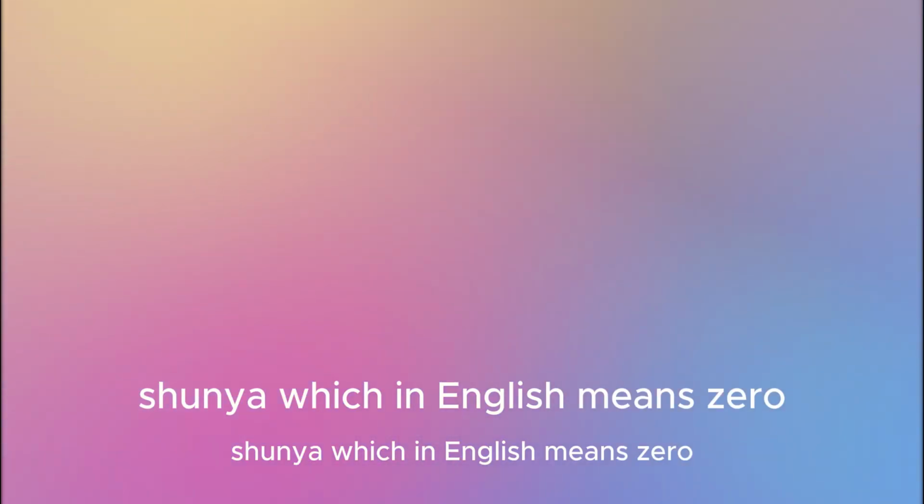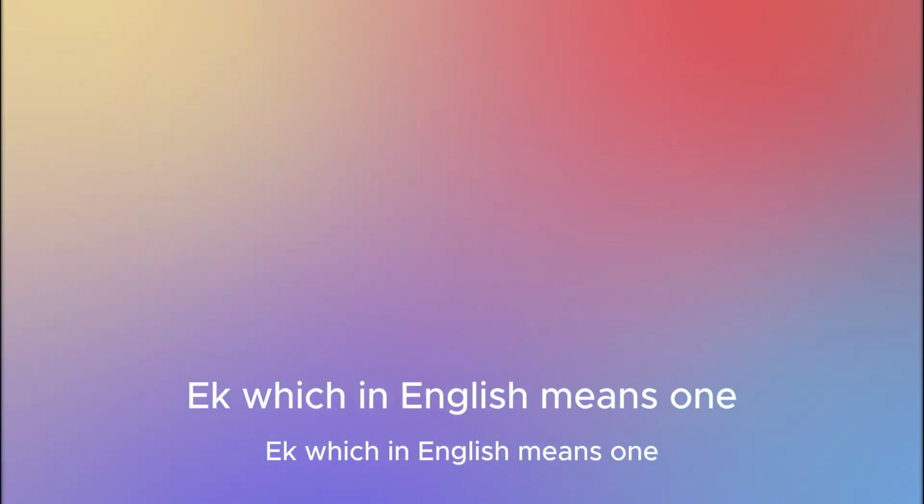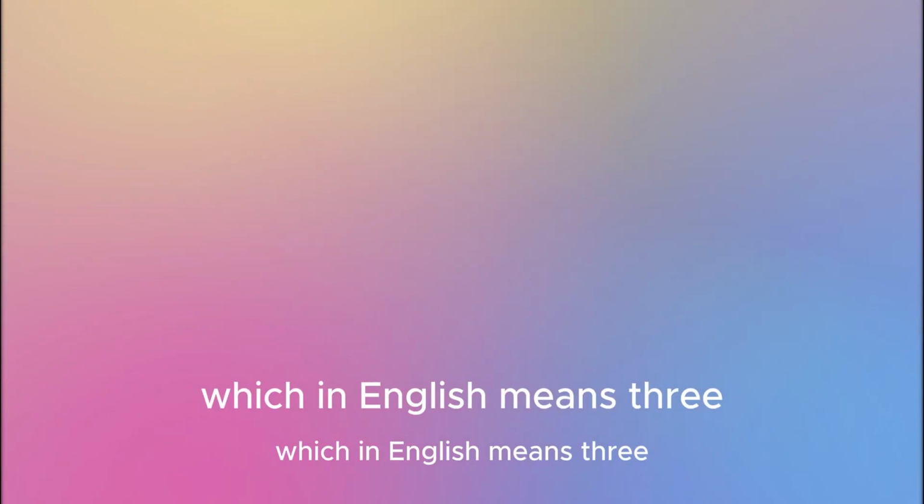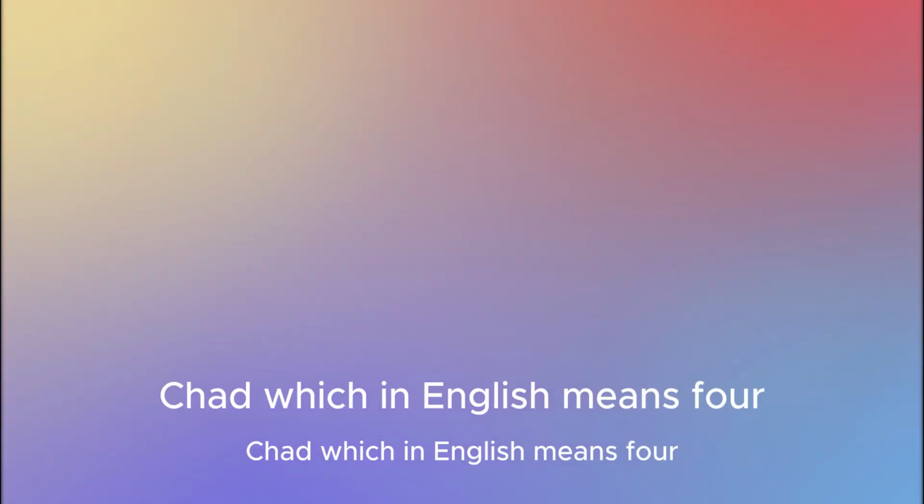Numbers. Shunya, which in English means zero. Ek, which in English means one. Do, which in English means 2. Teen, which in English means 3. Char, which in English means 4.